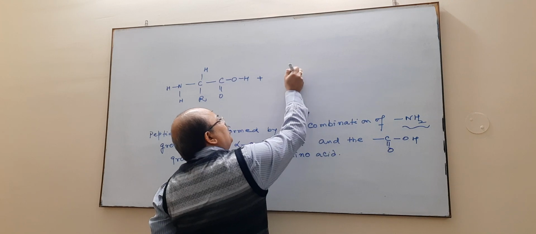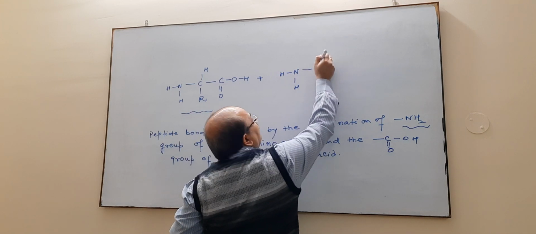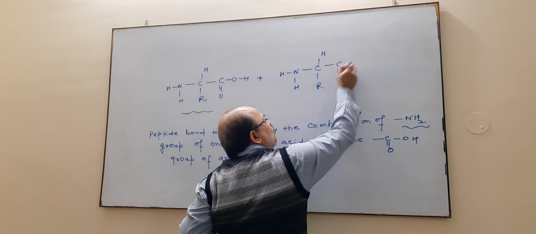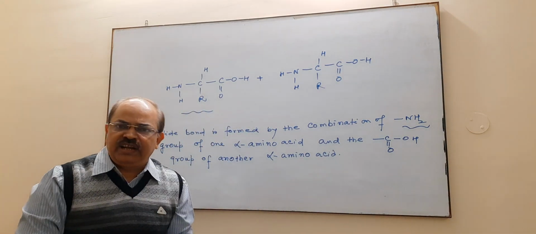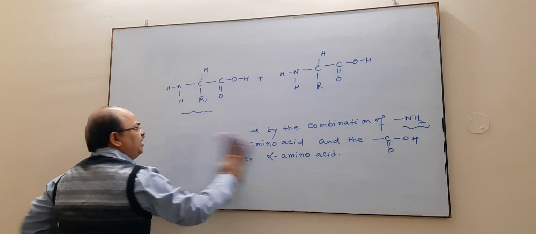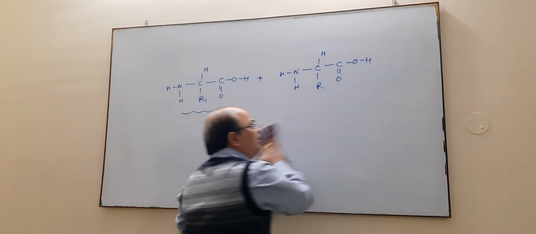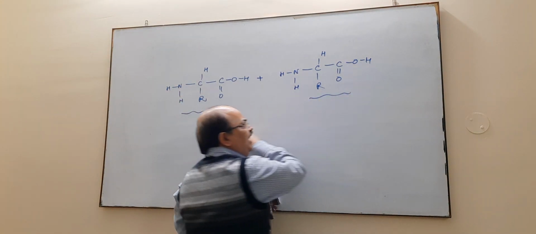Another alpha amino acid is of this type, NH2, carbon, we have hydrogen, side chain and COOH group। पहले दो यूनिट को लेकर के देखें। First of all we consider only two alpha amino acid units. This is one, this is another.